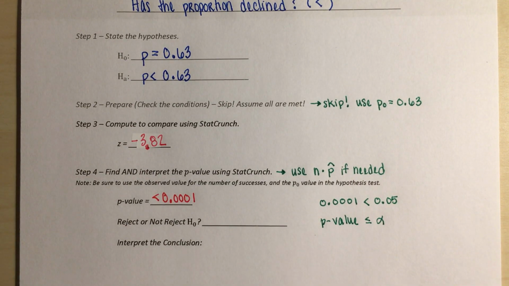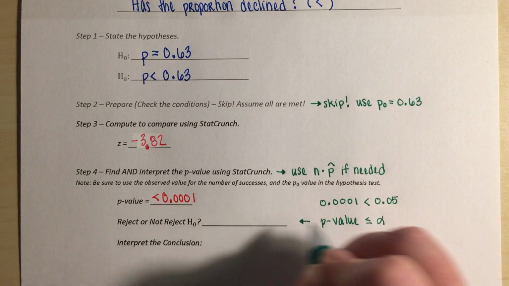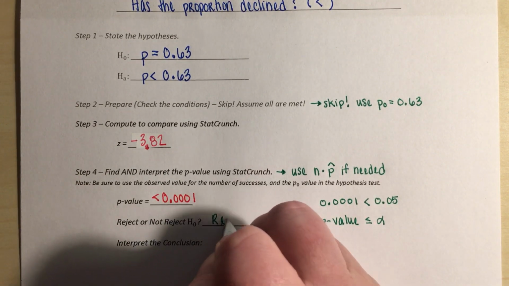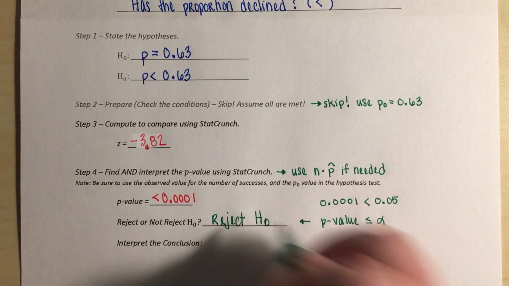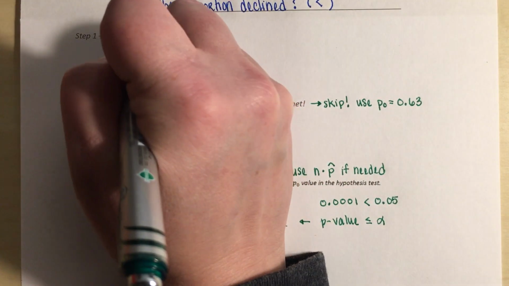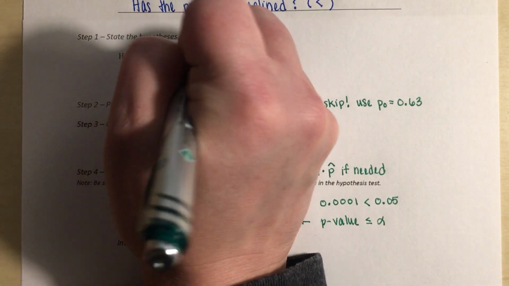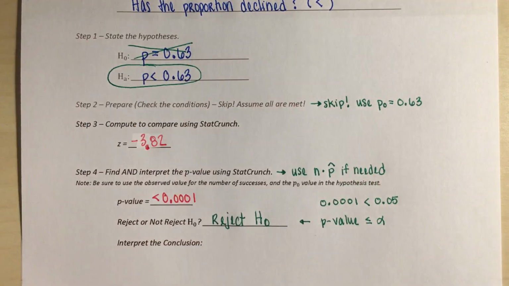This tells us that we are going to reject our null hypothesis. All right, so if we go back up to our pair of hypotheses, that means we're going to cross off our null hypothesis, and we're going to circle our alternative hypothesis.